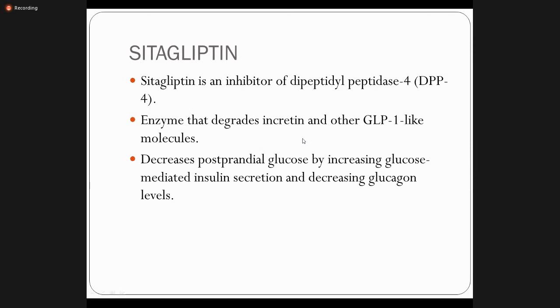Because this incretin, the endogenous endocrine secretion that is released in response to food, is responsible to stimulate 60 to 70% of the insulin from the beta cells. Clear? So we inhibit its degradation, and we can maintain the maximum level of insulin secretion. Clear? So it decreases postprandial glucose by increasing glucose-mediated insulin secretion and decreasing glucagon levels.